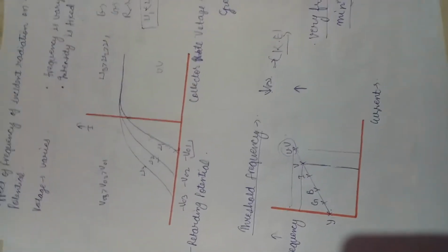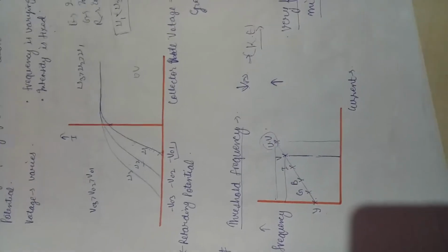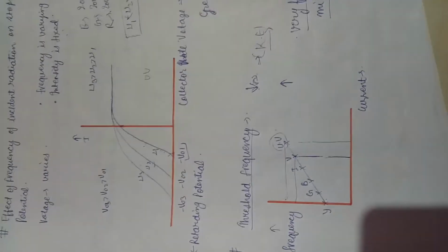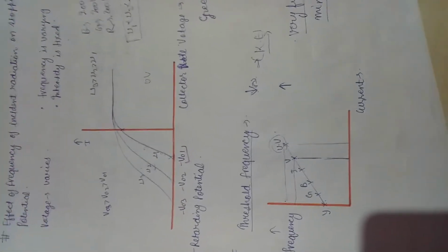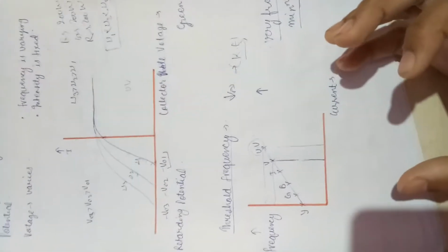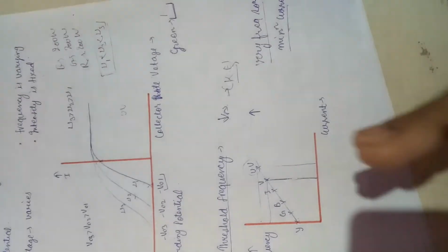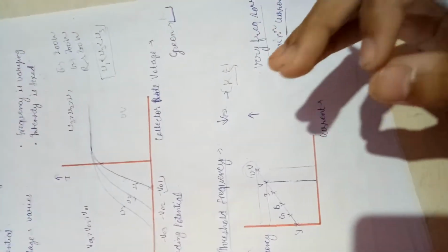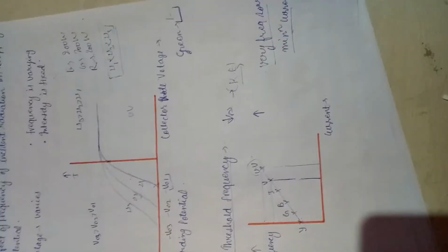So what does this mean? We need some minimum amount of energy or minimum frequency of radiation to initiate this process. This is known as the threshold frequency, the minimum frequency below which the photoelectric effect is not possible at all.